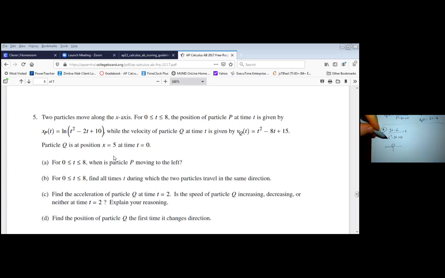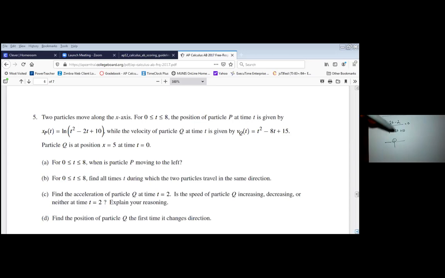How about the bottom? Is there any way to set this to 0? I mean, you could say equals 0, but is there any number that we could plug in that would get this to be 0? Would you FOIL it maybe? Factor, you mean?